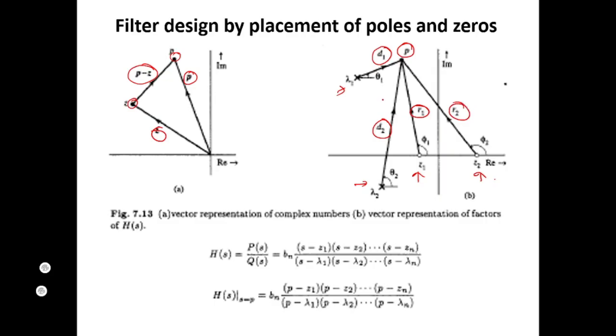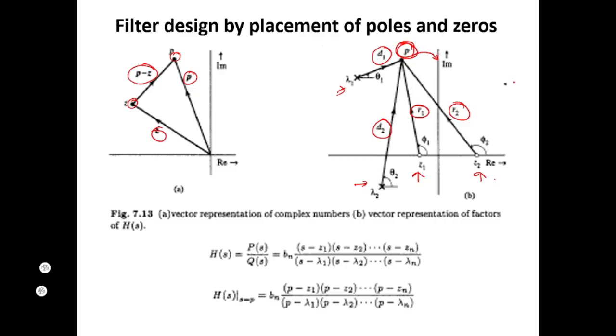Now, when we talk about filter designing, this point P is on the imaginary axis. So this point P varies on the imaginary axis.